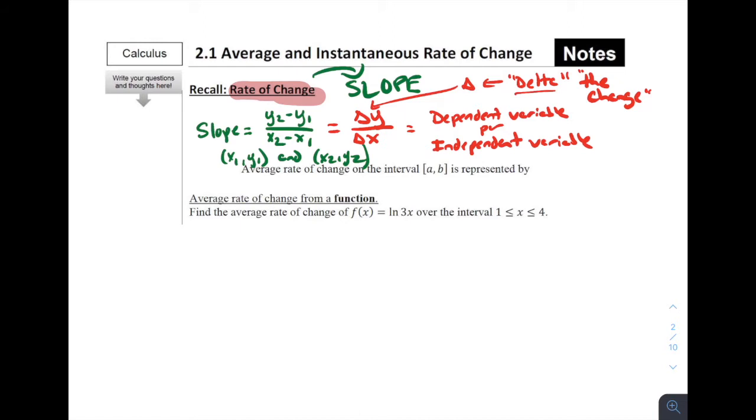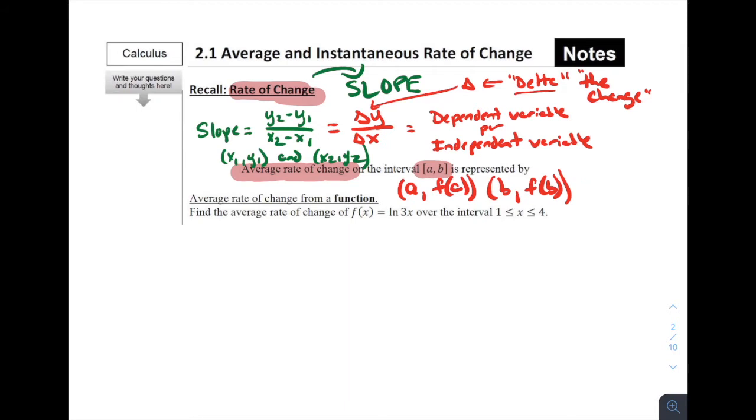We also remember from earlier in Chapter 1 that the average rate of change on an interval from a to b is essentially the slope formula. Except instead of using coordinates like x1 comma y1 and x2 comma y2, we refer to two coordinates: one with an x value of a, which we plug into a function, so our output would be f of a, and the other with an x value of b, which we plug into the function to get an output of f of b.